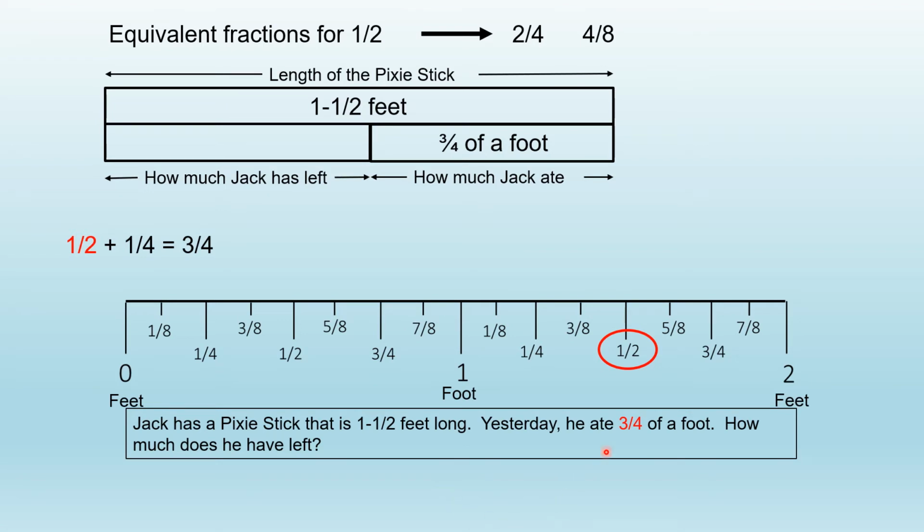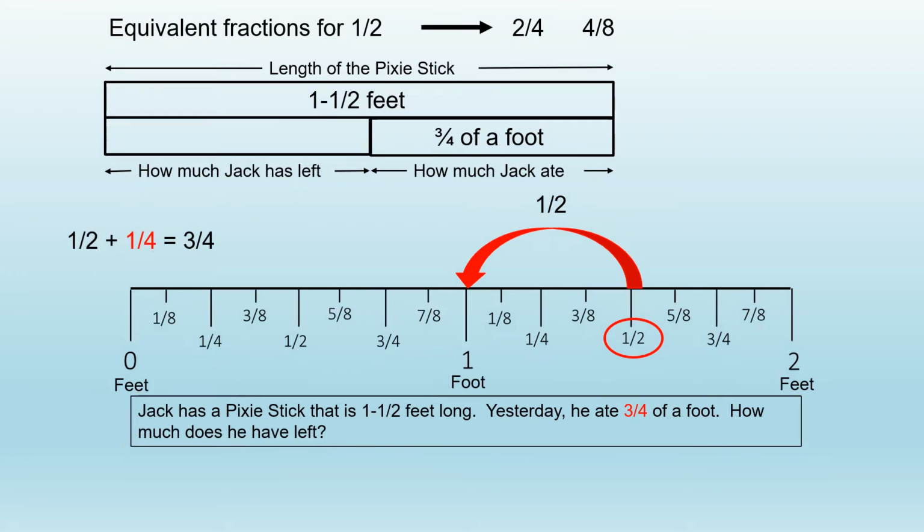I'm going to move back from 1.5 feet 1/2 foot to the 1 foot mark. Now I'm going to move back the remaining 1/4 of a foot. 1/2 and 1/4 of a foot is how much Jack has eaten. That is a total of 3/4 of a foot.